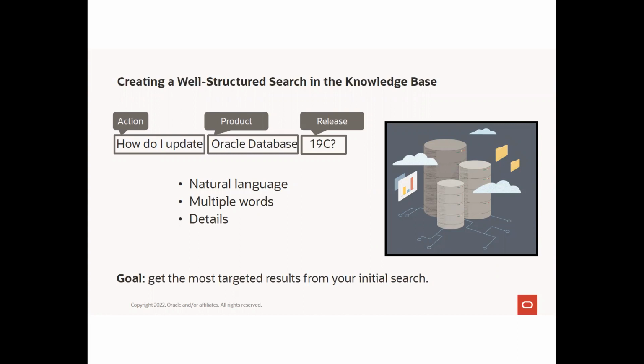That will narrow it down. So that is how you get a targeted result from the My Oracle Support knowledge base. The best thing to do is use natural language, multiple words, and provide details so that this will give you a narrowed down search.